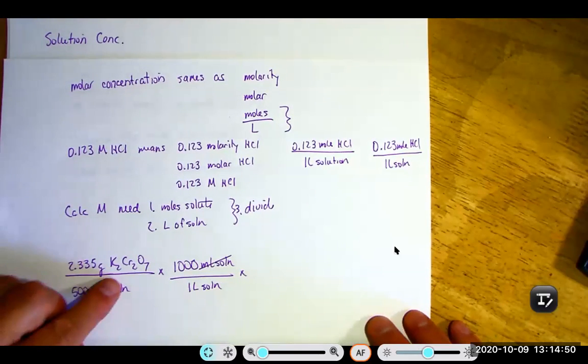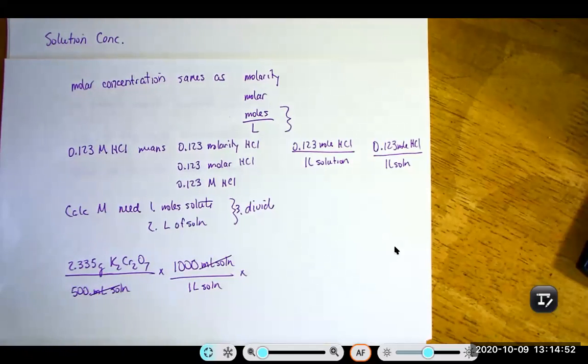And then here I need the molar mass of potassium dichromate, which means I have to do a little bit of calculating. So potassium is 39.10. So 2 times 39.10 plus chromium is 52.00. So that's just 104. I'm going to add 104.